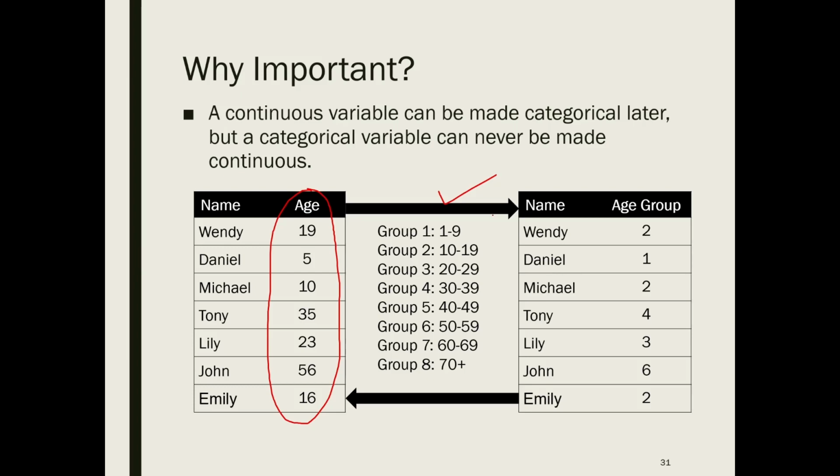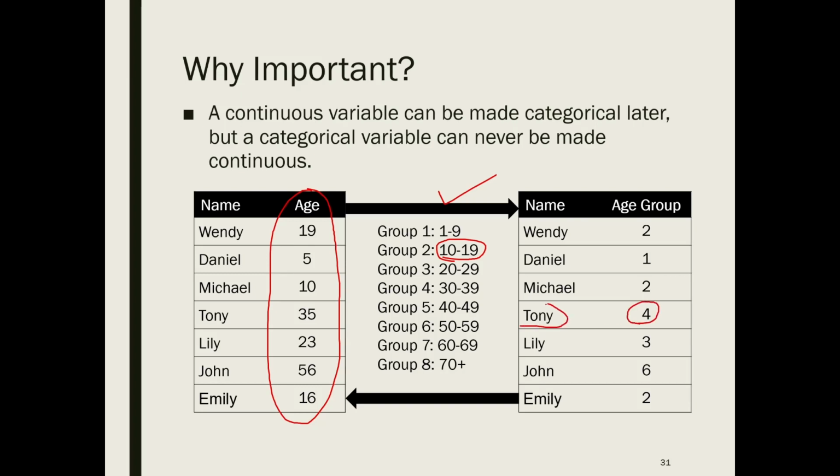If I tell you Wendy is in group 2, and group 2 is 10 to 19, can you go back and guess Wendy's age is 19? Well, you could, but you could also guess Wendy's age is 10 or 11 or 12. So you don't know. The same happens with Tony. Tony is in group 4, and group 4 is 30 to 39.